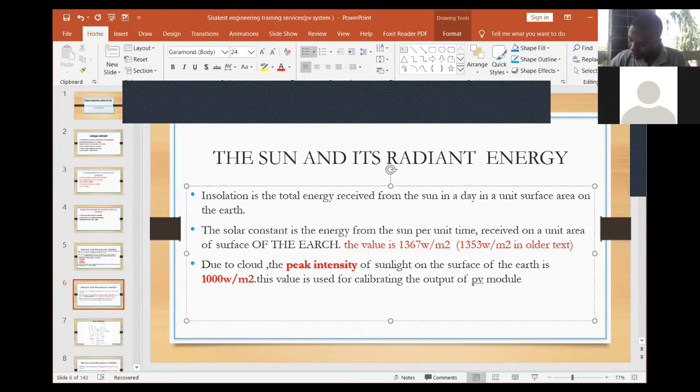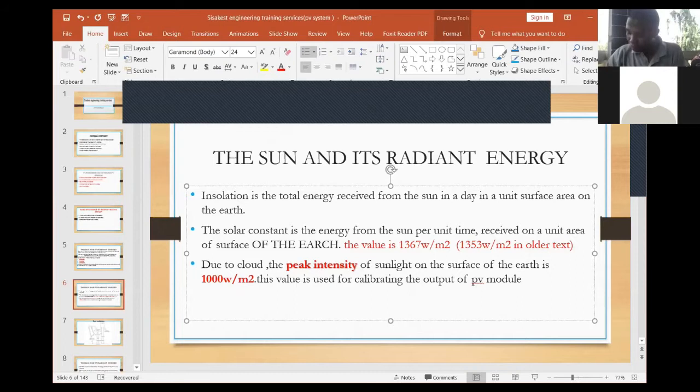So the graph is linear. If you plot the graph of insolation in watts per meter square against power in watts, what you will observe is a linear graph, something of this nature.